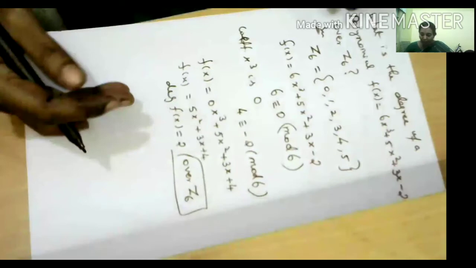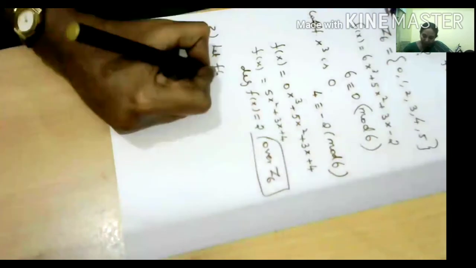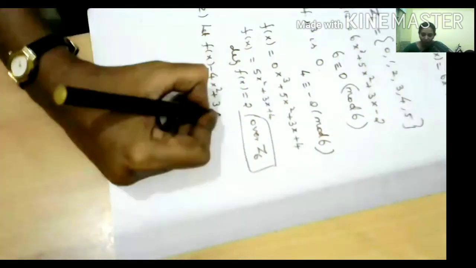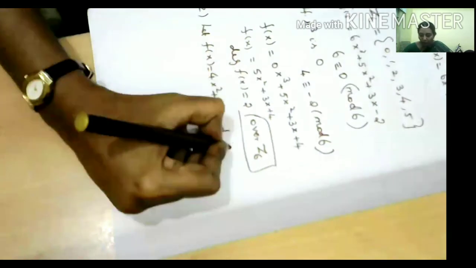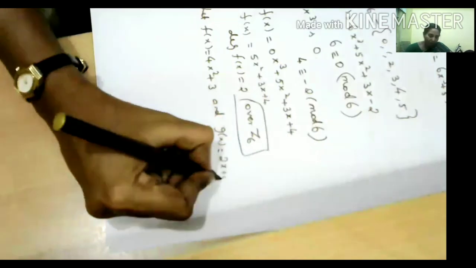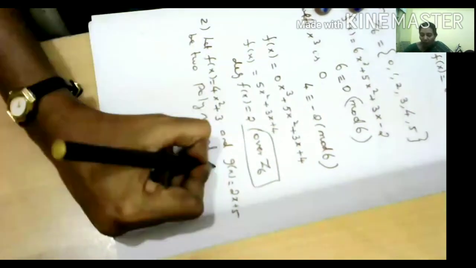Now see the next question. Let f of x equals 4x squared plus 3 and g of x equals 2x plus 5 be two polynomials over Z8.